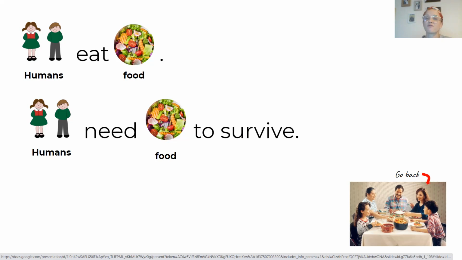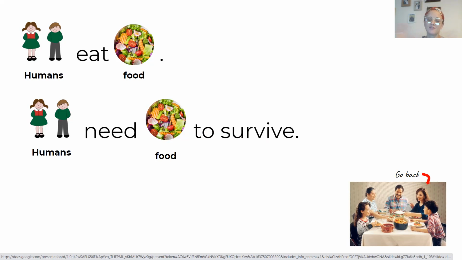We also need food, and we have spoken about varied diets that people have. We've looked at vegetarians, we've looked at people that eat a mixed diet, like most people would eat vegetables and meat, or if you just eat vegetables, you'll be a vegetarian.